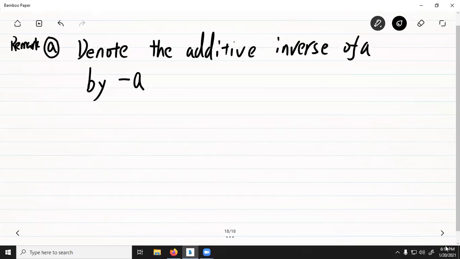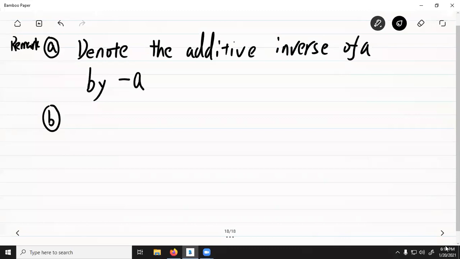Okay. This is the second remark for this result. The first remark is we use a symbol called negative A to denote the additive inverse. The second remark, with this one, we can define the difference, the subtraction.